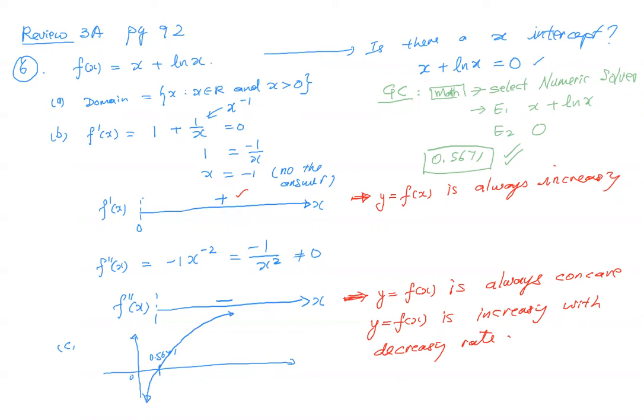Am I right? You can put it into your calculator and have a look, and you can get this x-intercept also from the calculator. I told you already, numeric solver can help you to solve any equation that you cannot solve manually. You don't have to go to the graph.